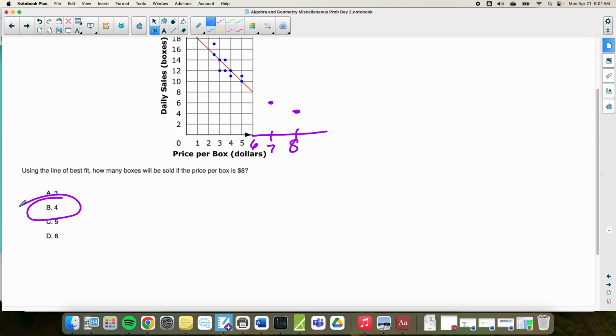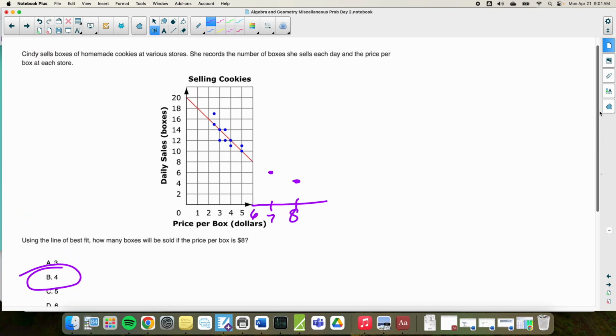Okay. And then I just have one last thing to say. The last thing that they could say is write an equation of a line of best fit. Would you guys know how to do that? You would pick 2 points that the graph goes through, like I could pick those 2.